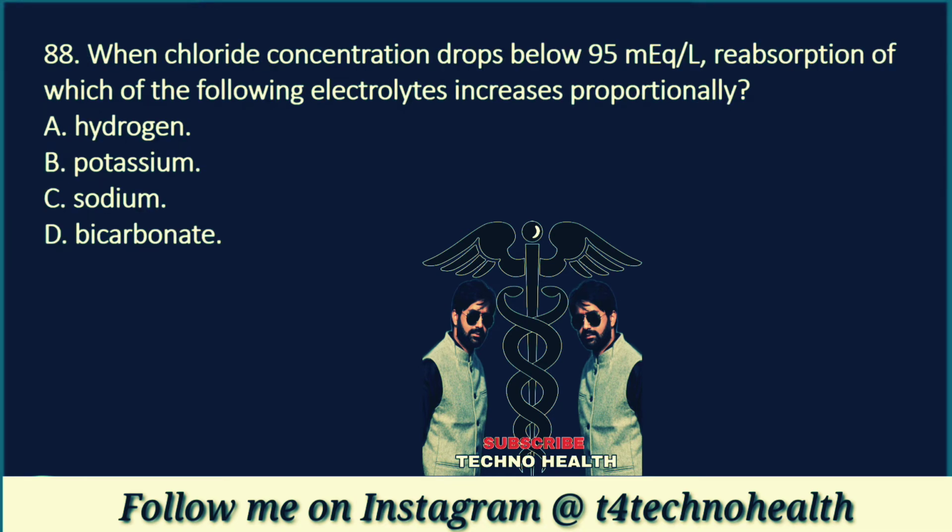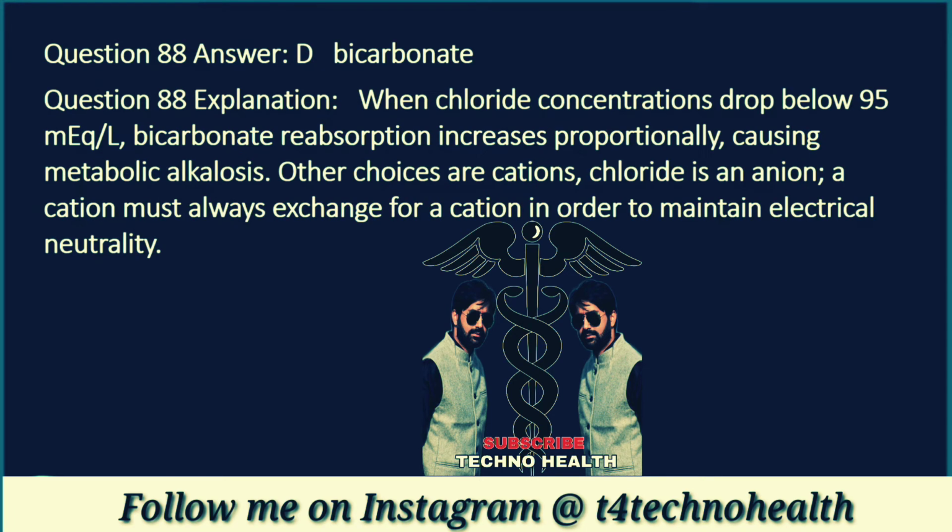Question 88. When chloride concentration drops below 95 mg/L, reabsorption of which of the following electrolytes increases proportionally? A. Hydrogen. B. Potassium. C. Sodium. D. Bicarbonate. Answer: D. Bicarbonate.